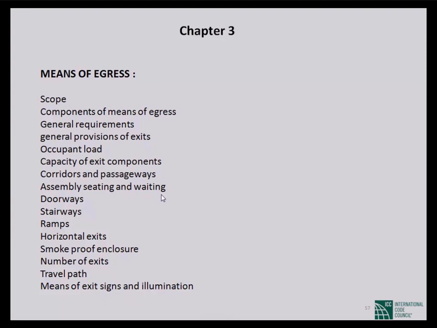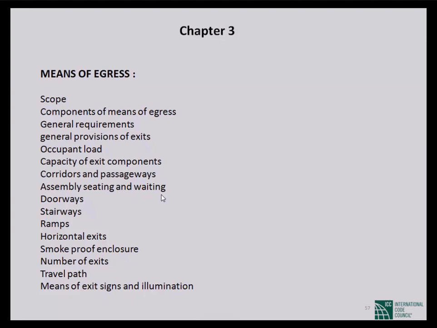Means of egress is a new term which is not in BNBC 2006. Means of egress is widely used in NFPA. In BNBC 2006, we used means of escape. The means of escape and means of egress are similar but a little bit different in combination.